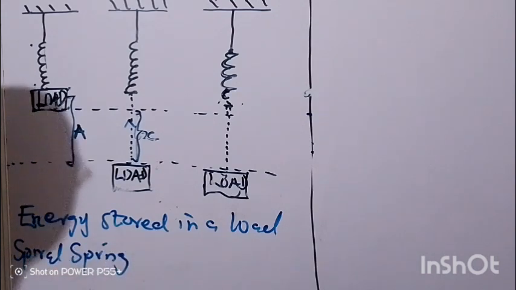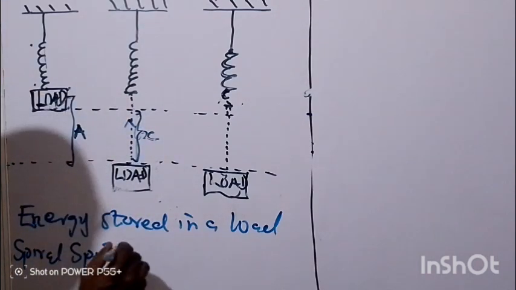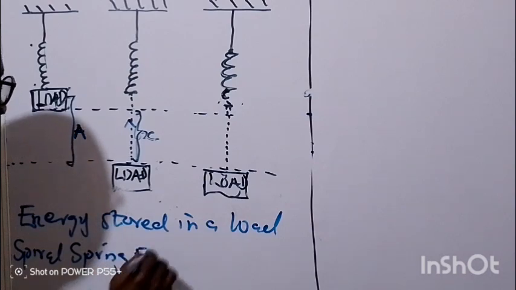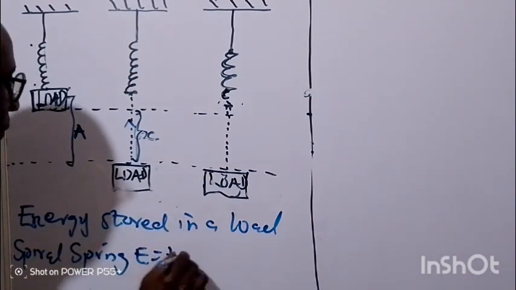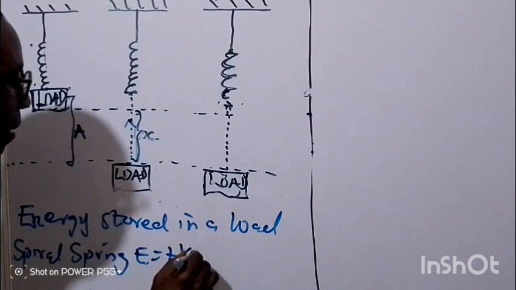That one we said is E equals half Ke squared.